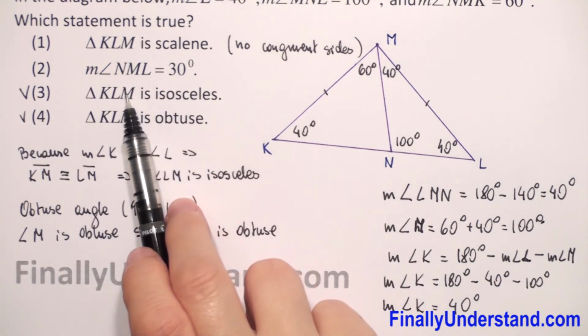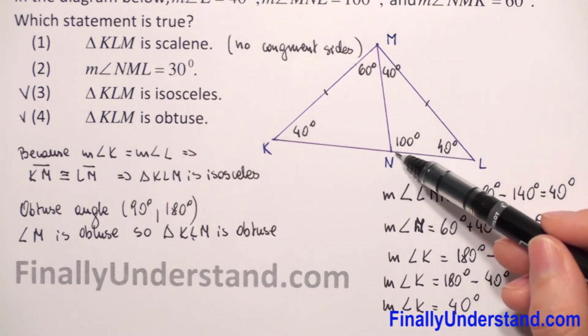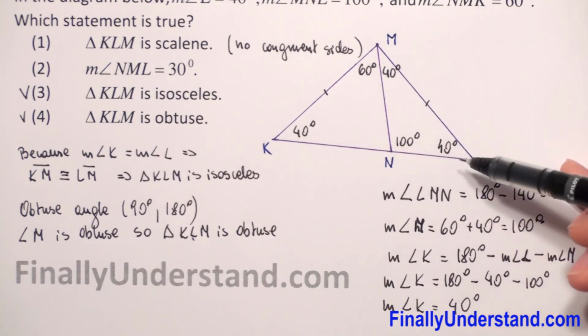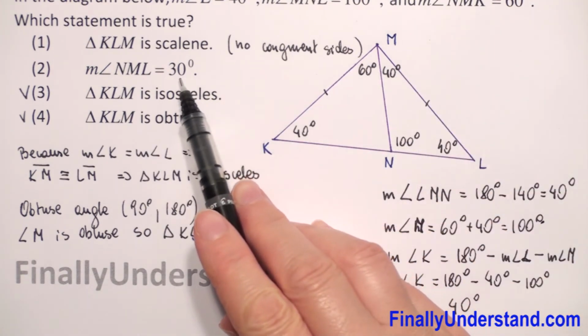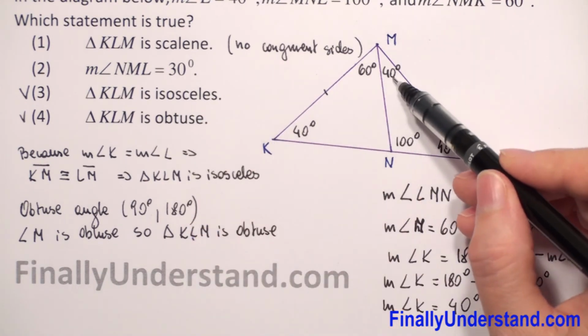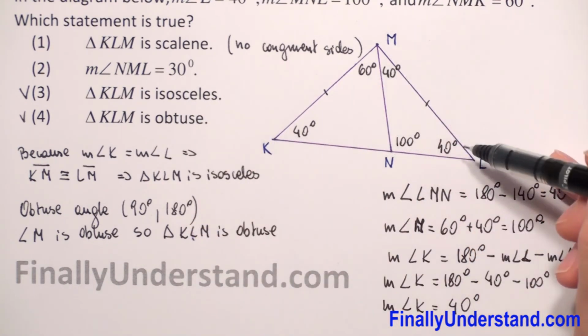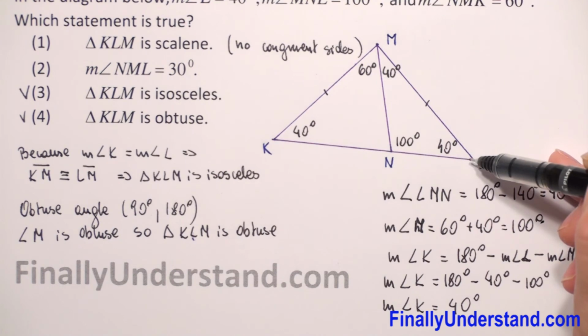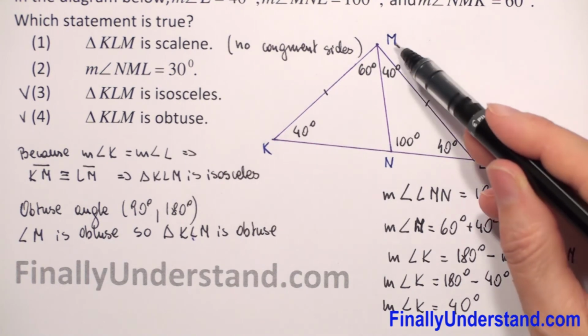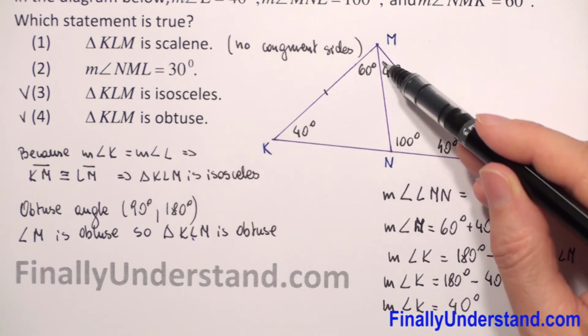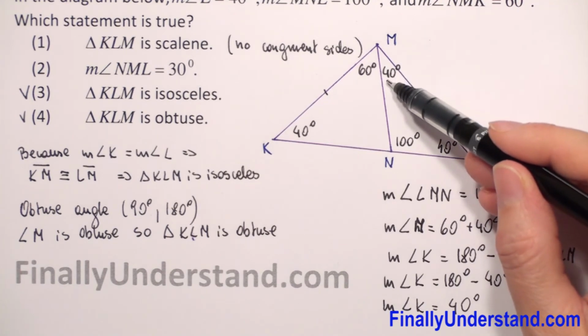Measure of angle NML is 30 degrees. No. Measure of angle NML, or you can write LMN, is the same angle, is 40 degrees.